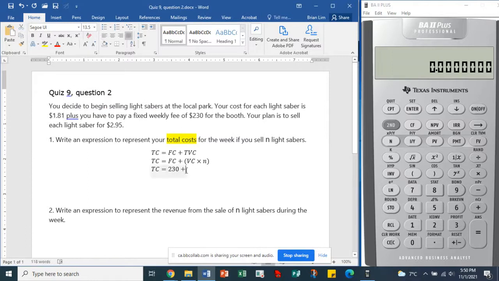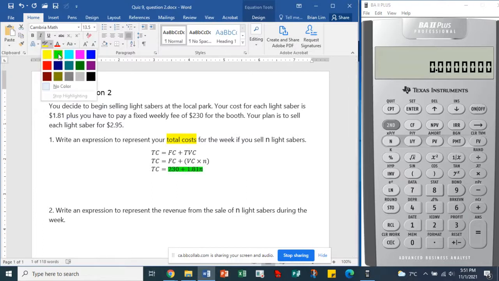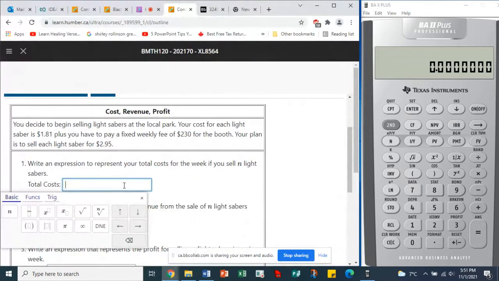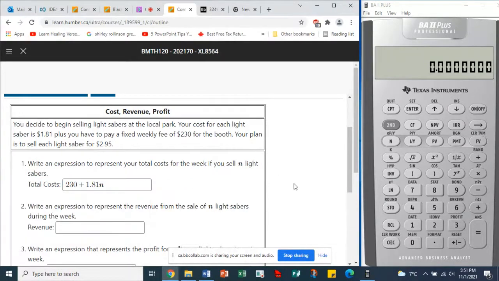So we go 1.81 n, lowercase n, and this would be the function that gives us the answer. Let's put that back into this box. So it would be 230 plus 1.81 n. Okay, so there we are.